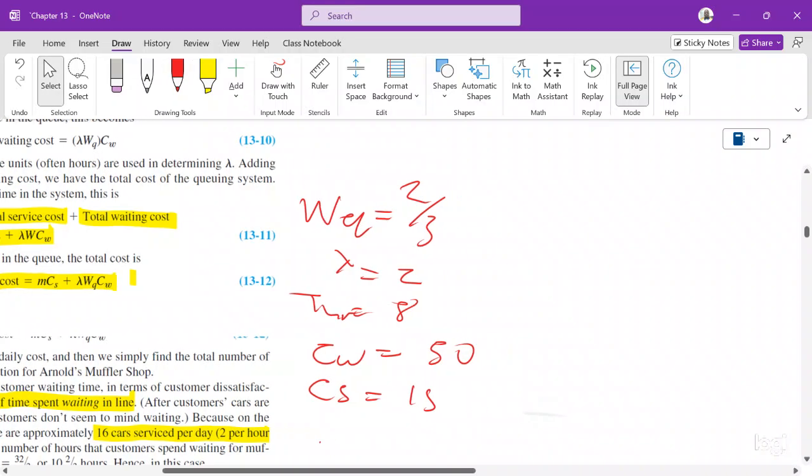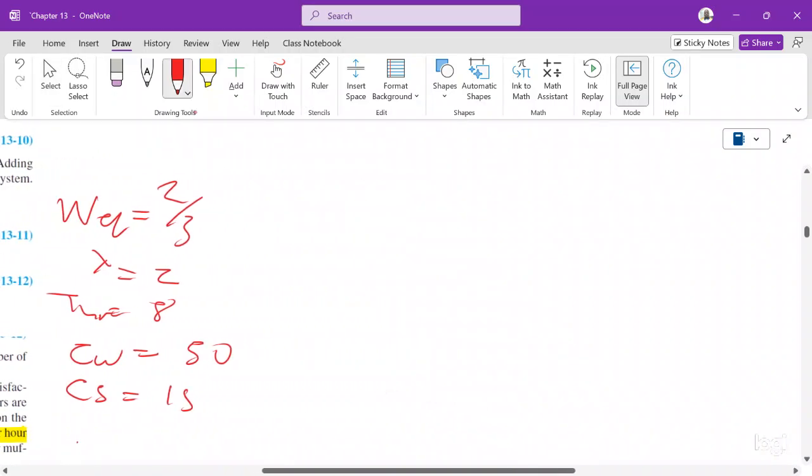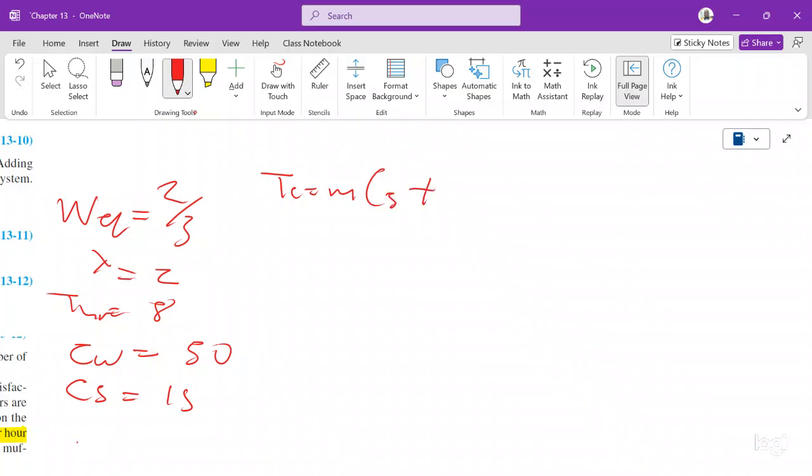Then the formula is presented in this way. Total cost is equal to M, the number of channels that we're dealing with, which is one machine at a time, times the service cost, plus the rate at which cars are coming in, times the cost of waiting, and the WQ.